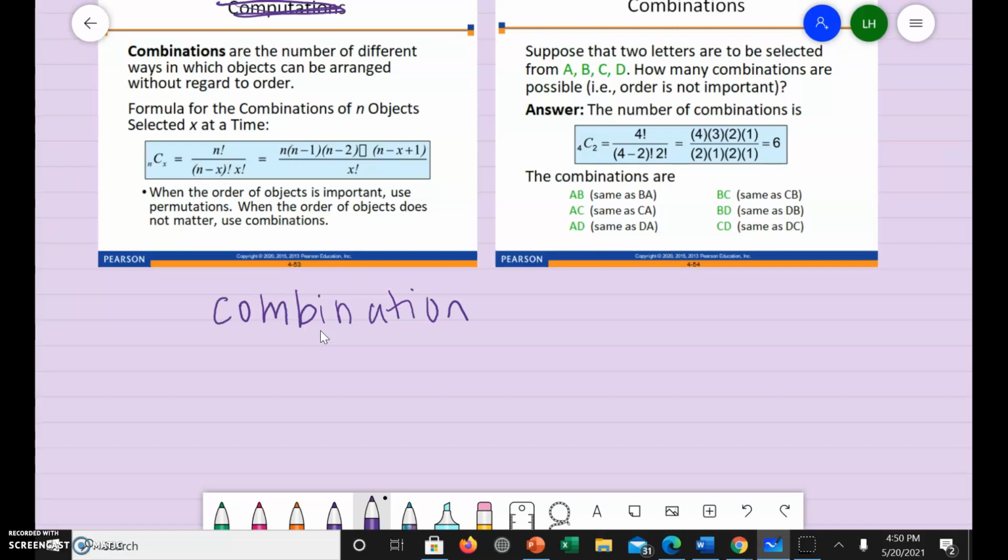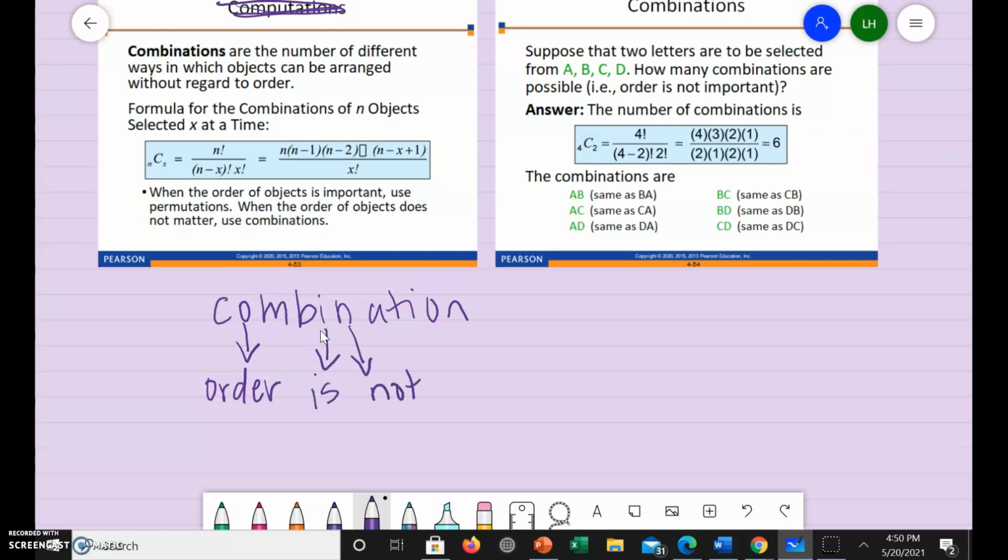So that word can confuse you, but the way I remember it is order is not important. So the acronym order is not important is in the word combination.